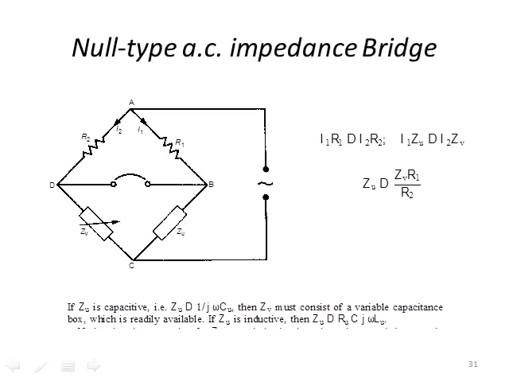Now, if it's capacitive, then ZU is equal to 1 over j omega Cu. Then obviously the impedance ZV should be a variable capacitor. If ZU is inductive, then you also have to use a variable inductance for your readout.